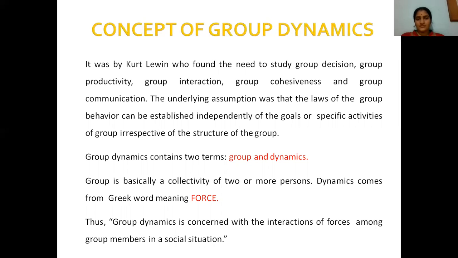It is the force which makes us be in the group and perform the group duties. Thus, group dynamics is concerned with the interactions of forces among group members in a social situation. We interact with different forces when we are part of a group, and those forces shape how group members need to react in social situations.